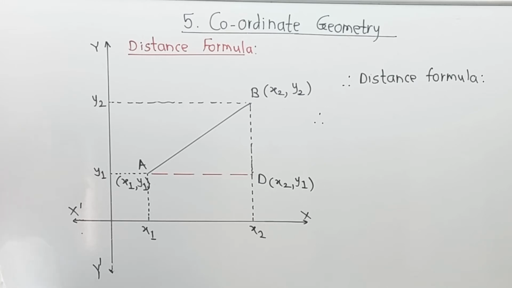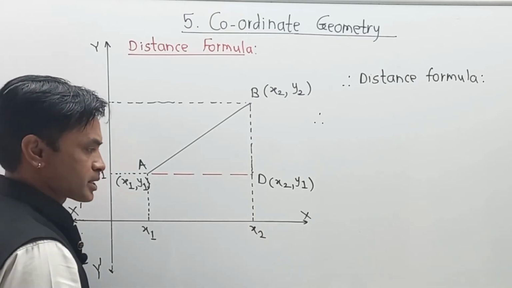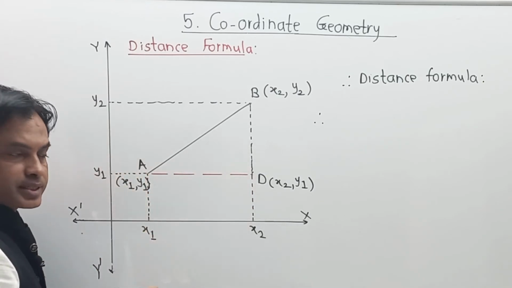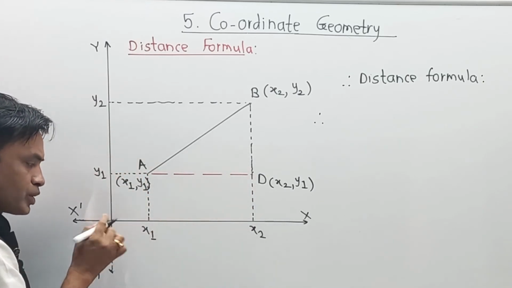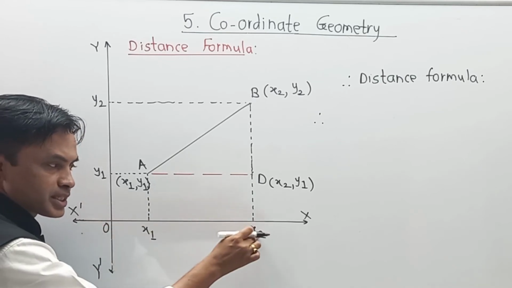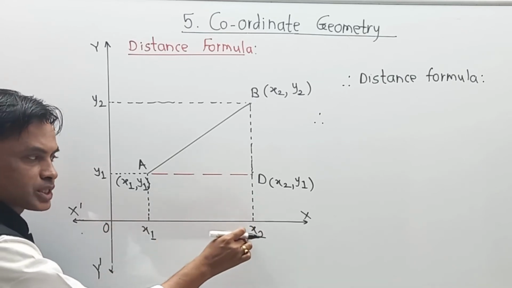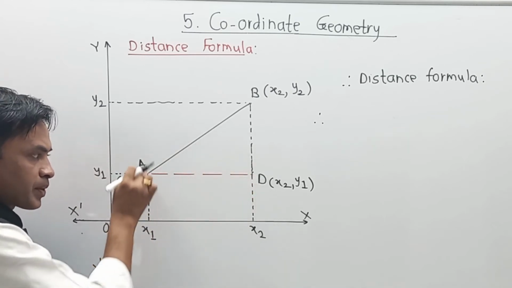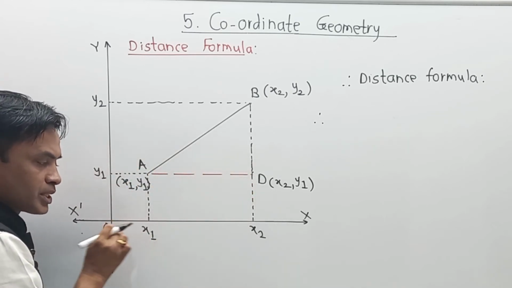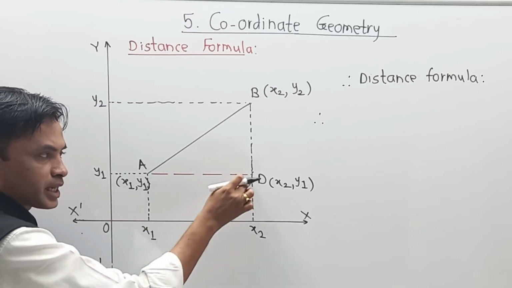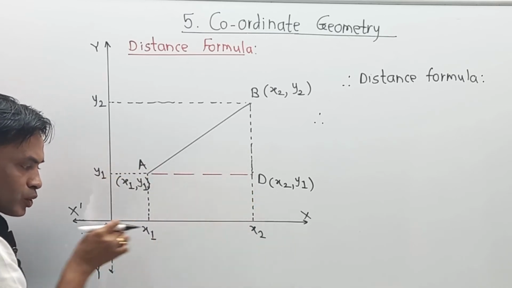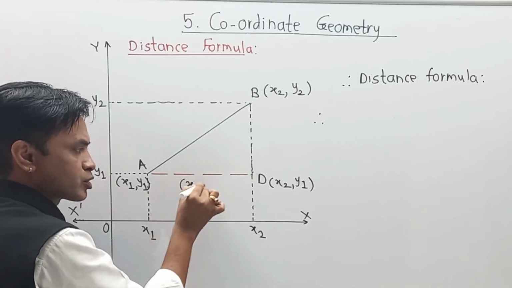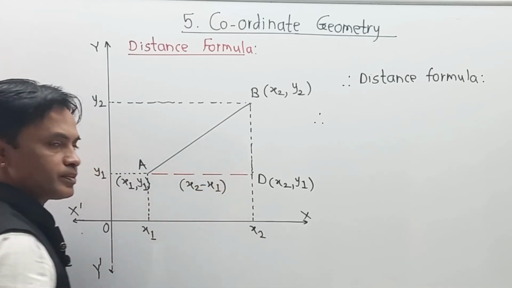First, try to understand the distance between A and D. From origin, the distance to D is x2, and for point A, from origin, the distance is x1. Naturally, distance AD is x2 minus x1.